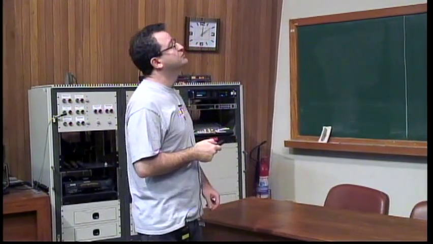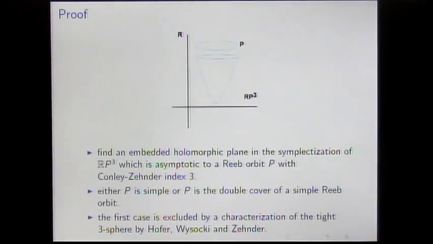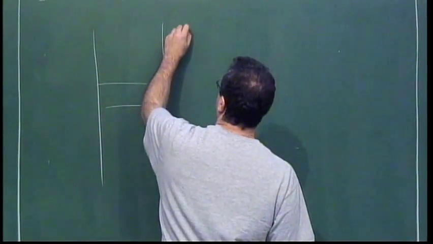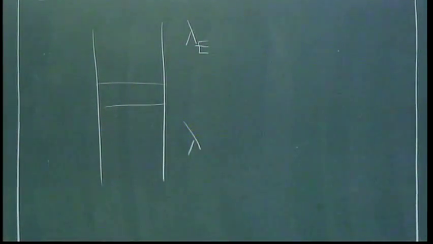So all we have to do is to prove the existence of this very special plane. It's a finite energy plane, asymptotic to an orbit with index 3, and it's embedded. It's very important to be embedded. And the way we do this is the following. We consider a cobordism interpolating our contact form and a contact form associated to an ellipsoid in a monotonic way.